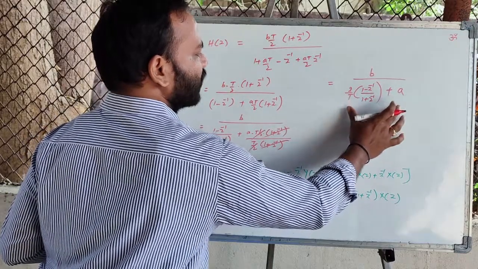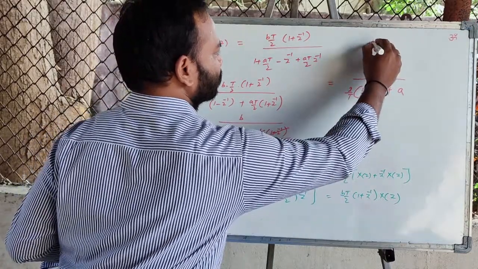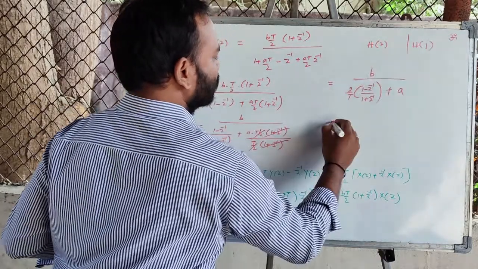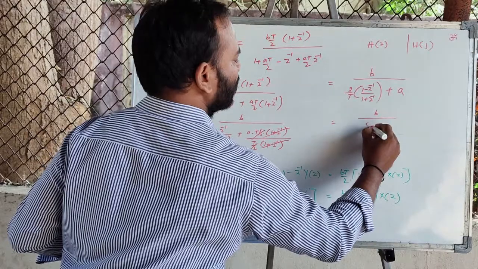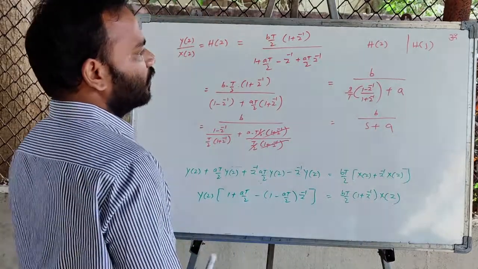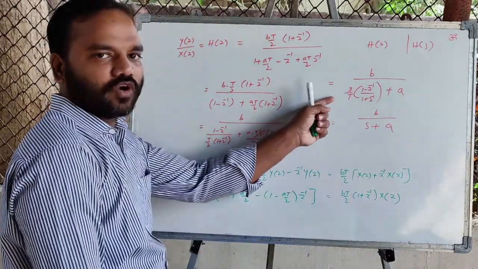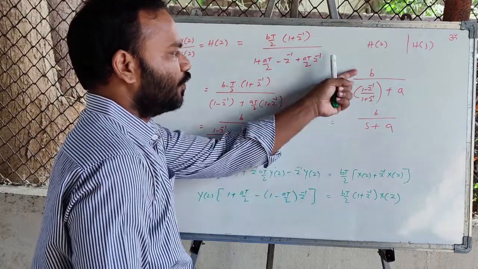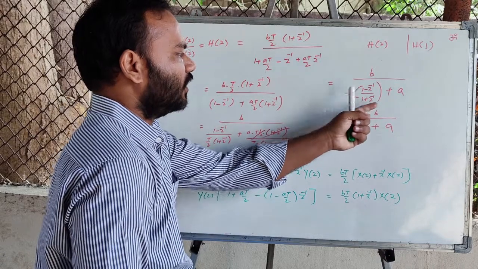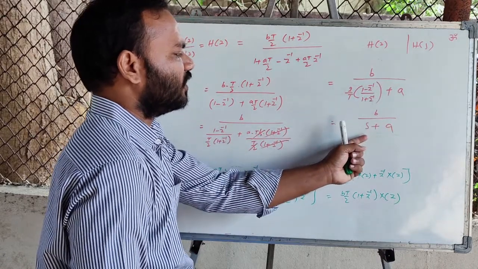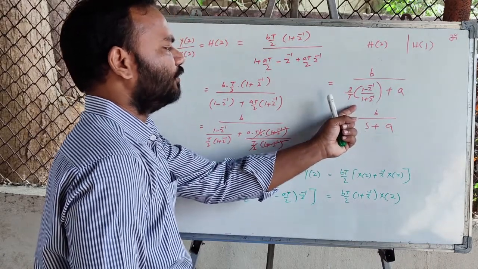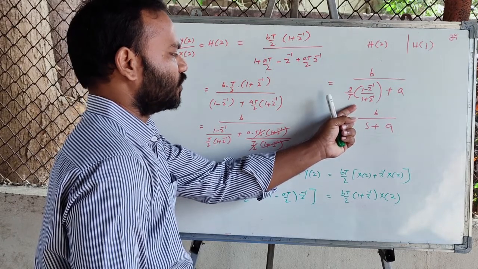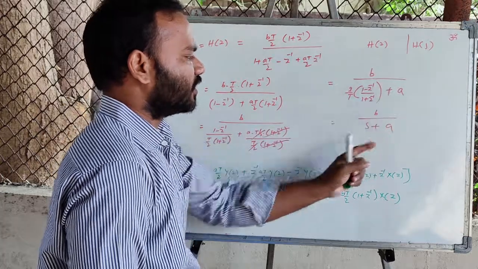Now compare this H of z with H of s. So this is equal to b by s plus a. Upon comparing this H of z with this H of s, we see that the numerator terms are b and b. In the denominator also, the first term is here s and here the term is 2 by T times 1 minus z power minus 1 by 1 plus z power minus 1, plus a and plus a.